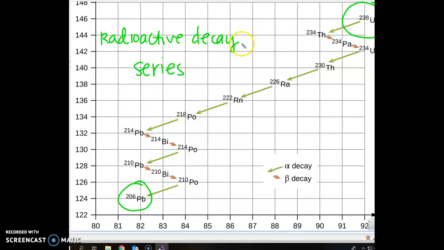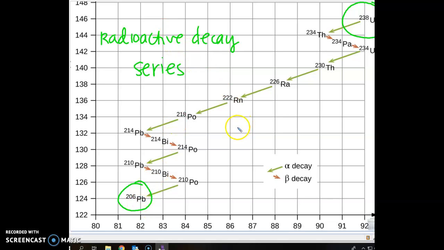And we're going to have basically a disintegration or a decay series that happens spontaneously as we go through a series of alpha decay and beta decay to reach that stable element. And so each time you're going to emit some particle. So we have an alpha decay and then 2 beta decays, and then a series of alpha and then beta, 1 alpha, 2 beta, and then 1 alpha to reach this.